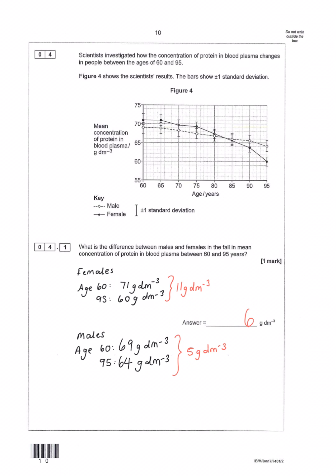The next part of this question asks us to use the figure provided to calculate the rate of change of the mean concentration of protein in the blood plasma of males between the ages of 60 and 95. So how quickly does the mean concentration of protein in blood plasma decrease for males?